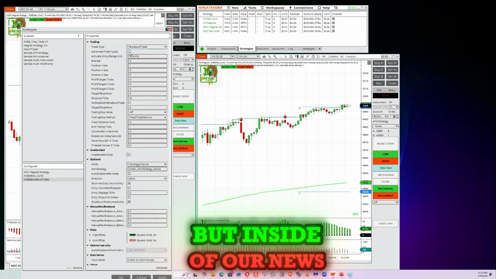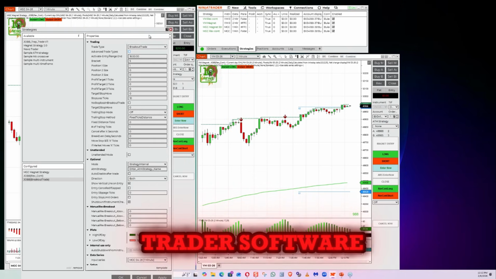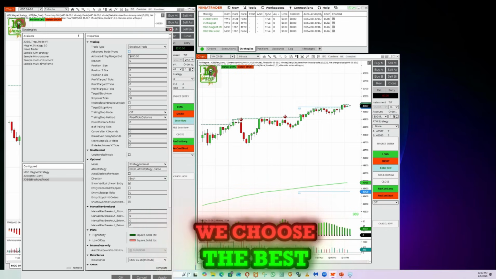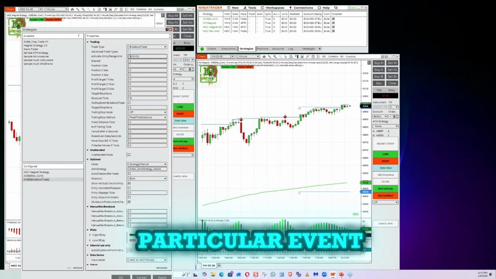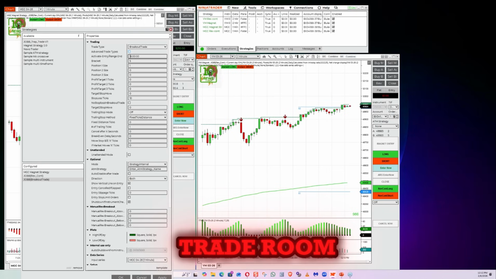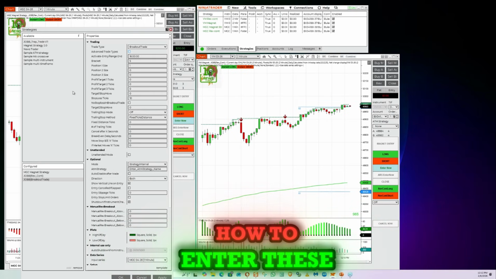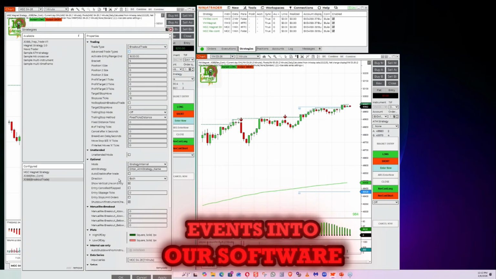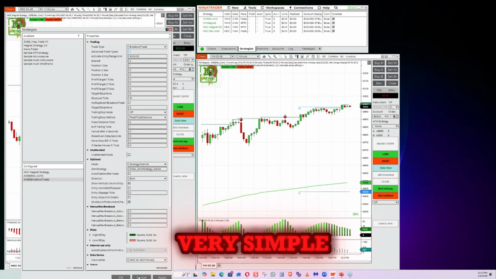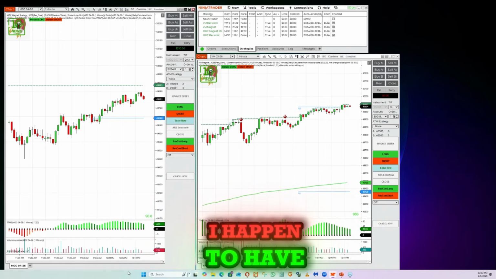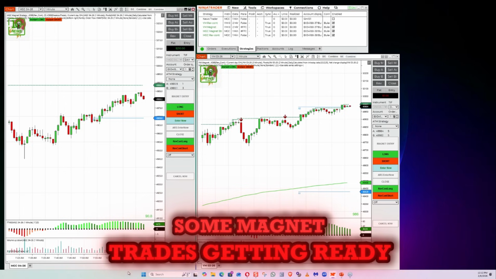But inside of our News Trader software, you have these various setups to choose from. We choose the best setup to trade for a particular event, and then in our trade room, we show and teach everybody how to enter these events into our software. And it's very easy and very simple. Currently on the chart right now, I happen to have some magnet trades getting ready.